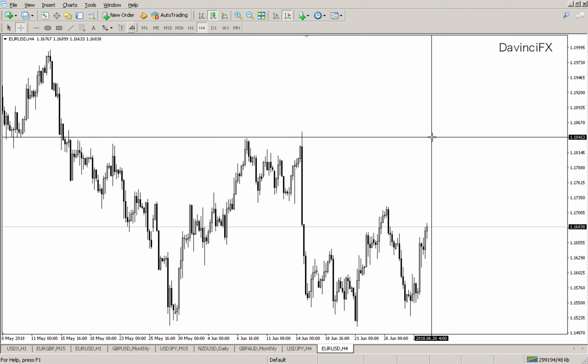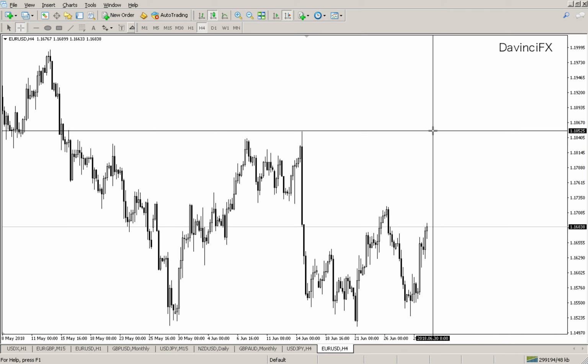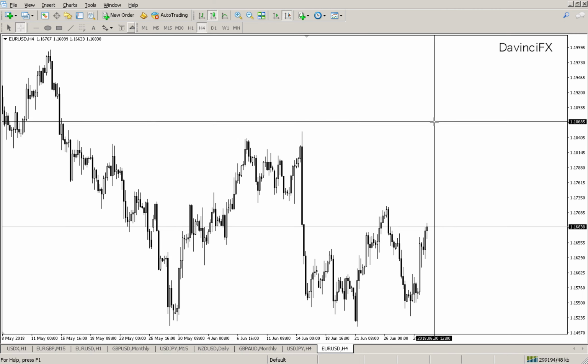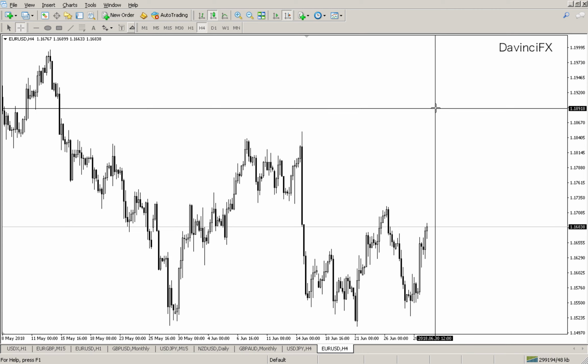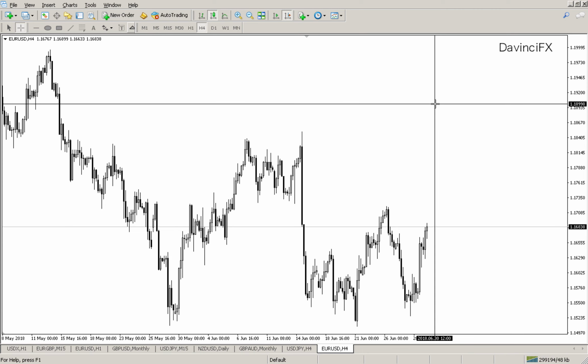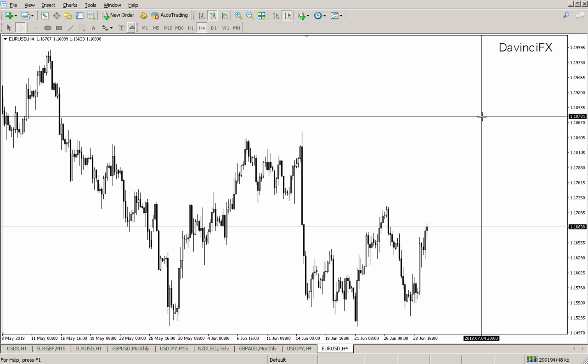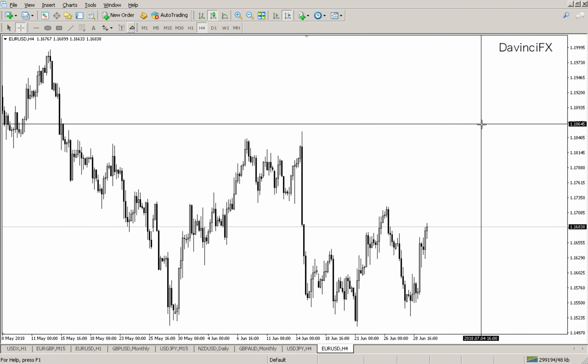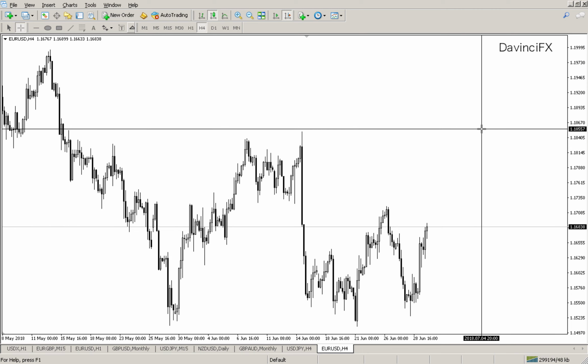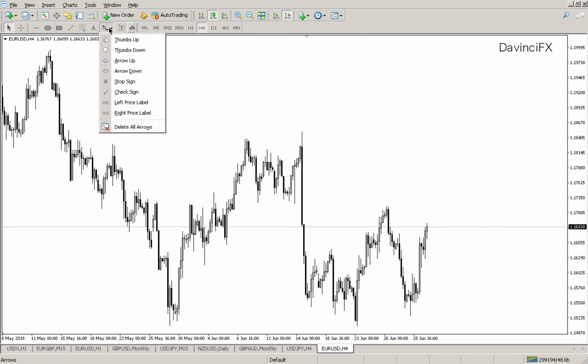So if we're going to draw one out now, guys, the full figure number in this chart would be like 1900. 1900 is a full figure number, and 1850, which is around here. Let me just draw these out for you so you understand.